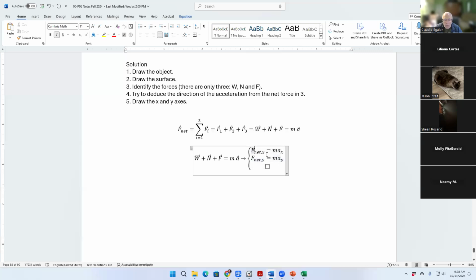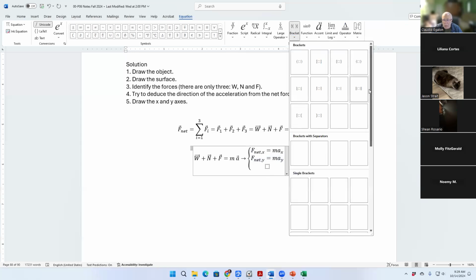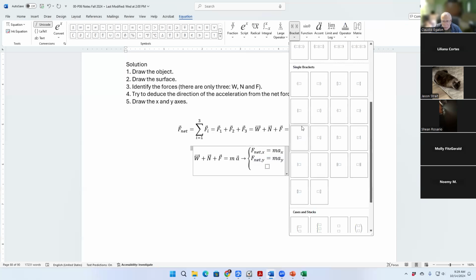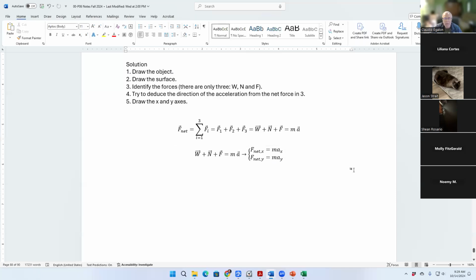No. Do it in a nice way. This one. Okay. All I have to do here is to change the subscript now. Are you following? All problems have to be solved in this way.